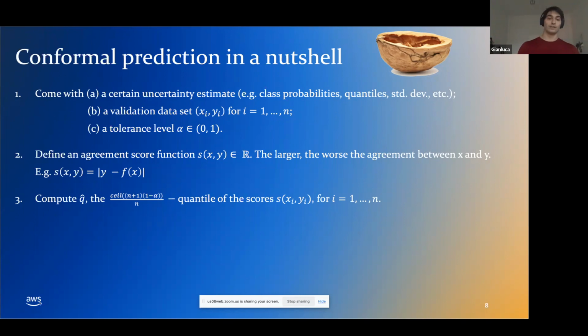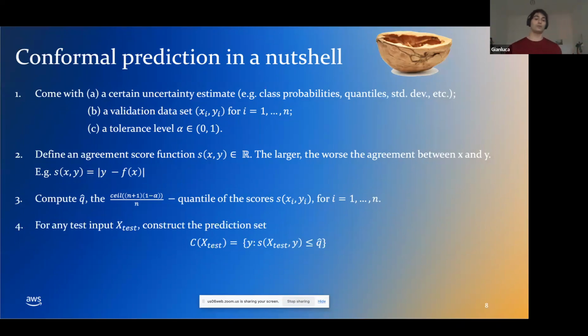Okay, cool. And now, you're given a test input, x test, and the way you construct the prediction sets is the following. You will include into your set all the possible predictions y such that the score evaluated at x and this possible prediction y is less than or equal to the quantile that you just computed before, so q hat.